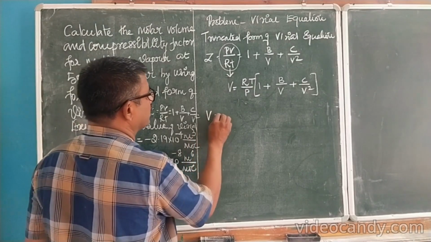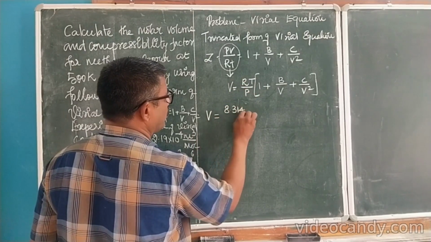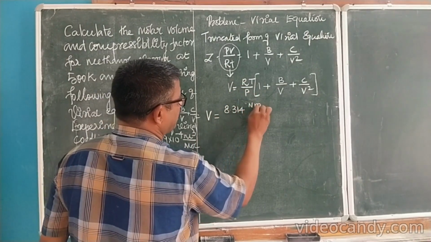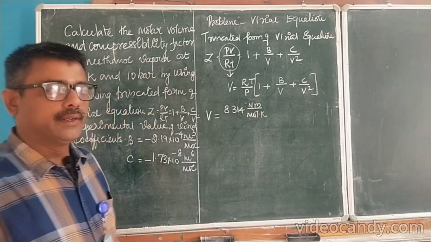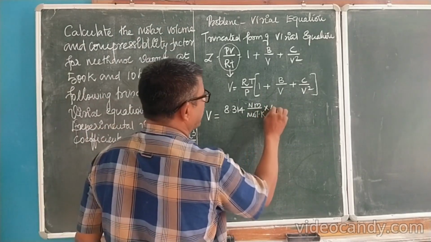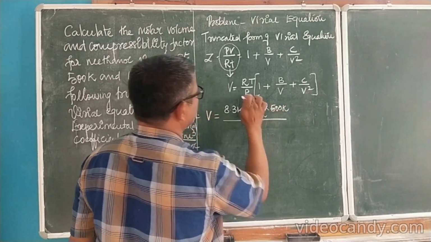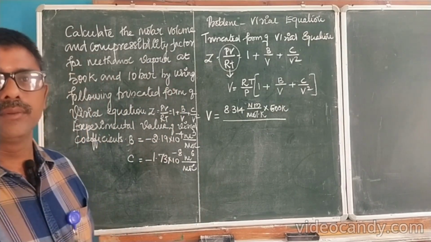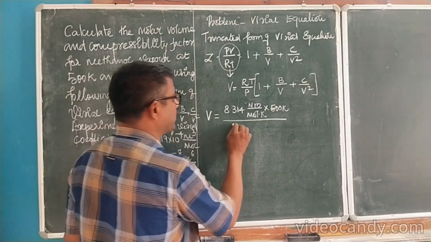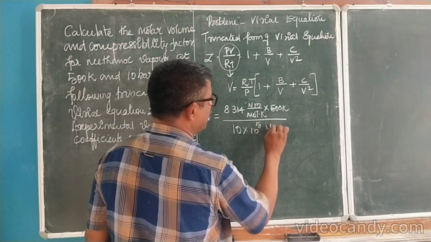So V is equal to, substitute R is equal to 8.314 Newton meter per mole degree Kelvin, joules per mole degree Kelvin, into temperature 500 degree Kelvin, divided by pressure P is equal to 10 bar. I have to substitute pressure in terms of Newton per meter square, hence 10 into 10 to the power of 5 Newton per meter square.